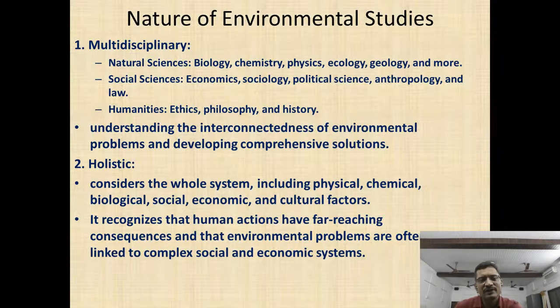to understand the level of environmental issues. Social sciences, including economics, sociology, political science, anthropology, and law, help us understand what economic activities are responsible for environmental problems, what social and political factors are responsible, what anthropological factors are controlling environmental issues, and what legal framework is there for protection and conservation of the natural environment.